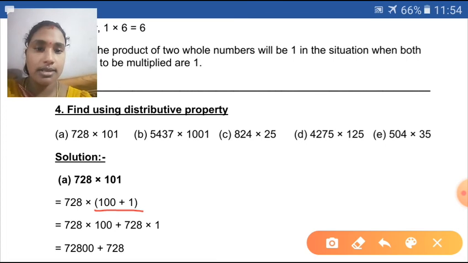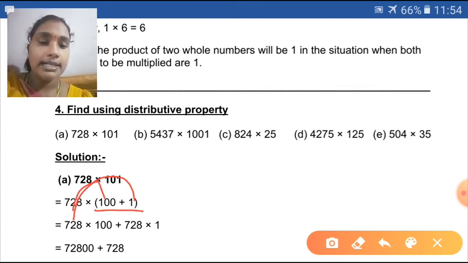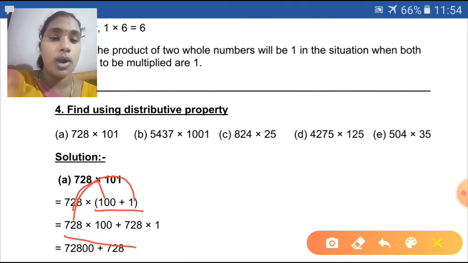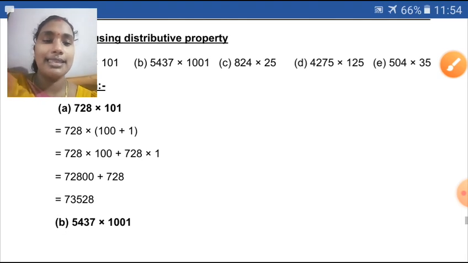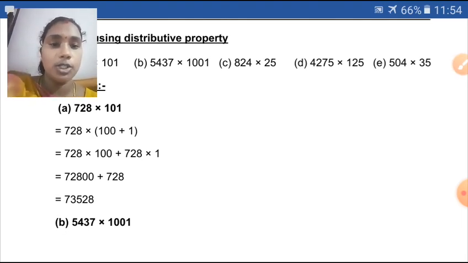So 728 into 100 plus 728 into 1. Both the numbers are easy, right? 728 into 100 will give you 72,800, and 728 into 1 will give you 728, and the answer will be 73,528. So similarly you can do these sums easily.